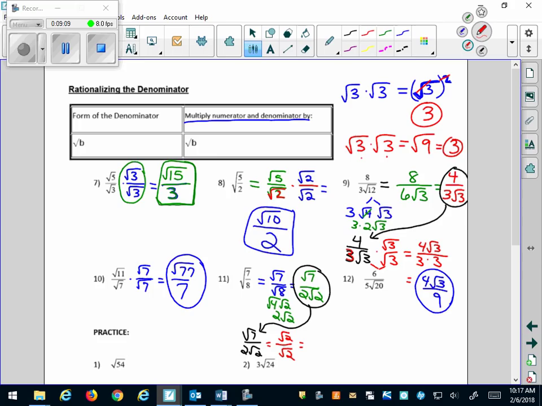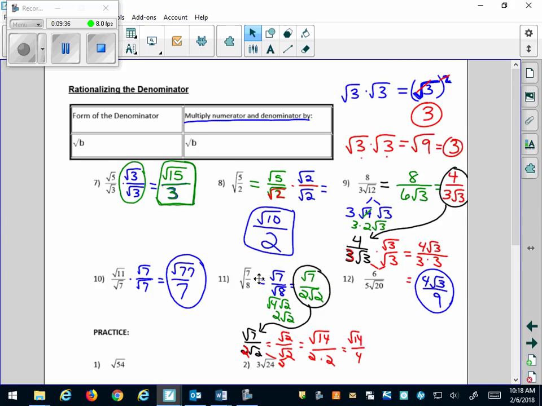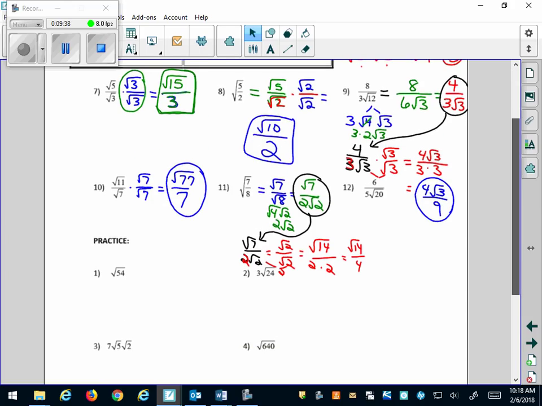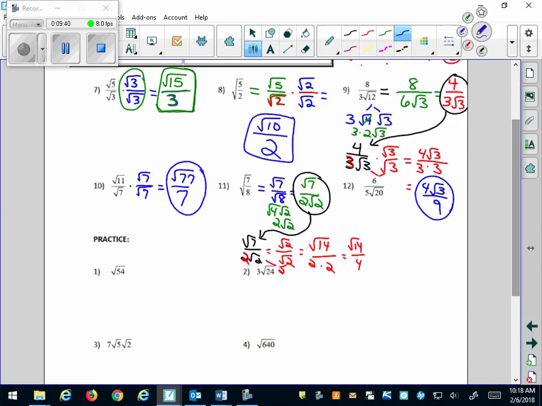So on the top we're going to get the square root of 14, and on the bottom we have 2 times, and again that's this 2 on the outside, then we have radical 2 times radical 2 is just 2 in itself, so we get root 14 over 4. That's your final answer.